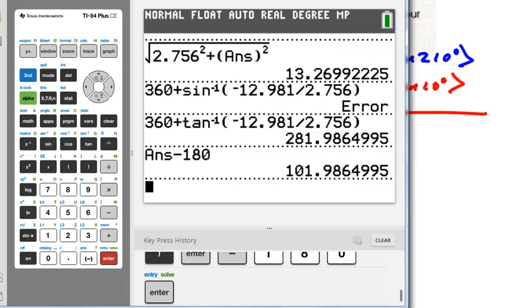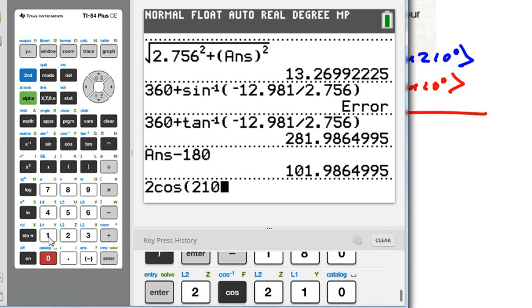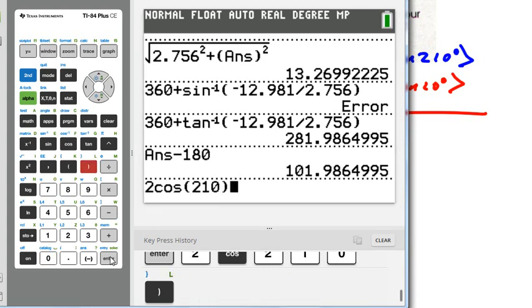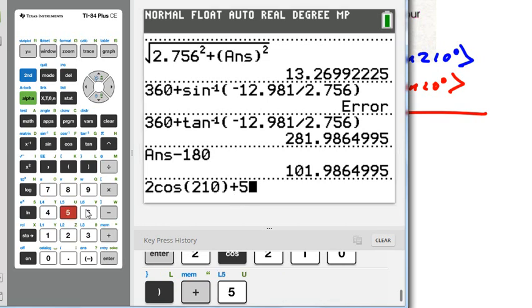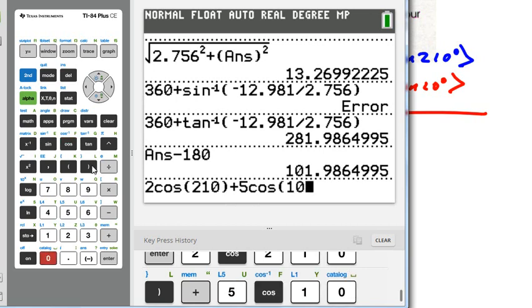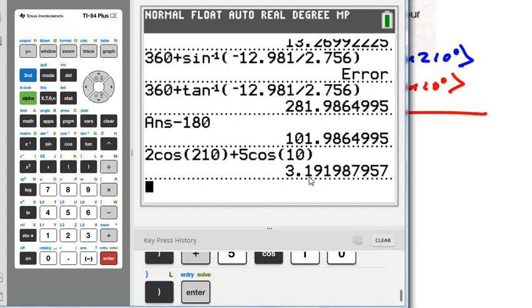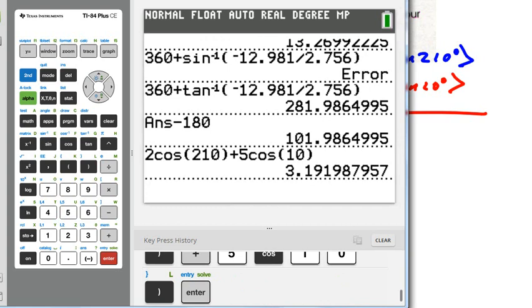So we go ahead and add that up. Let's get to our calculator. So we have 2 cosine 210 degrees, and I know that's going to be negative square root of 3 over 2 because that's a 30 degree angle but in that direction. So we're going to have, and actually plus, 5 cosine 10 degrees. So we have that, 3.192.